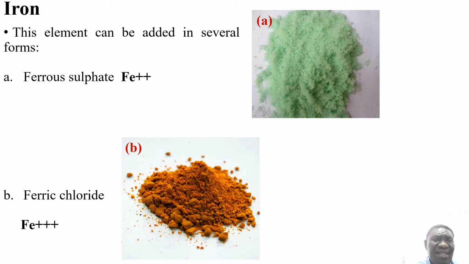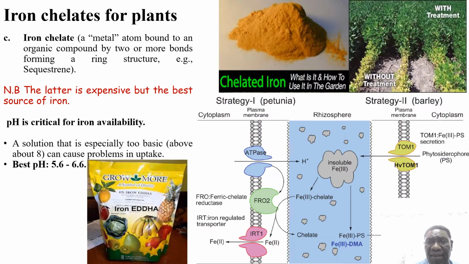This element is added in several forms. For example, it can be added as ferrous sulfate, Fe++, or ferric chloride, Fe+++. Iron is added as iron chelate.